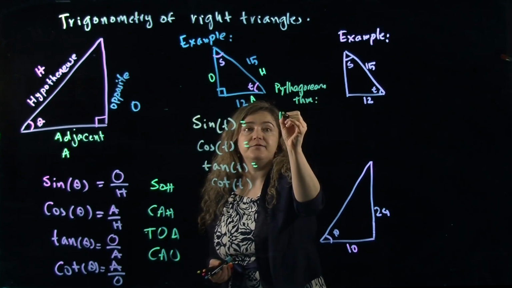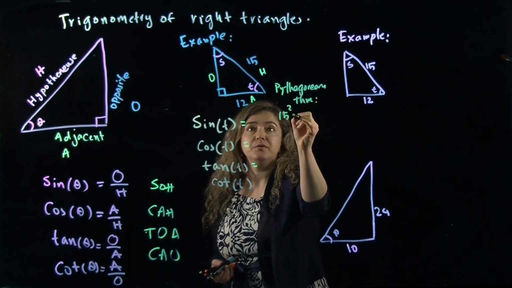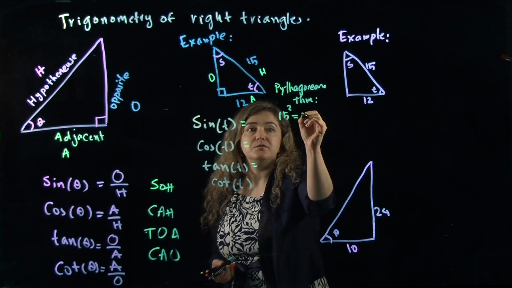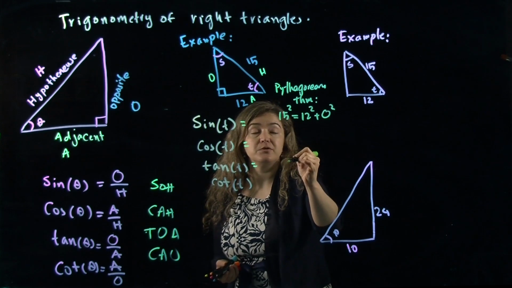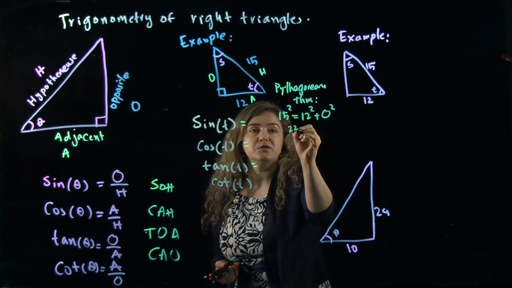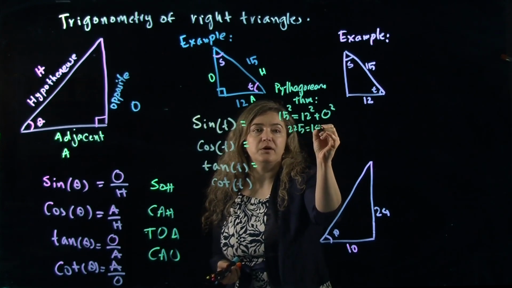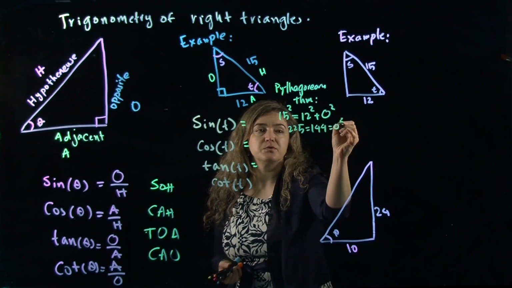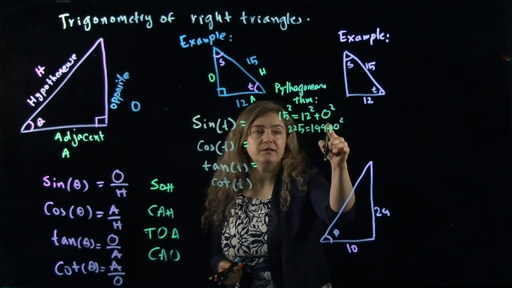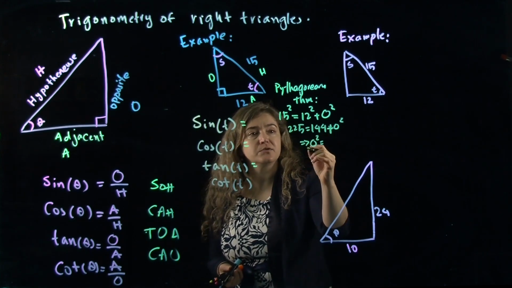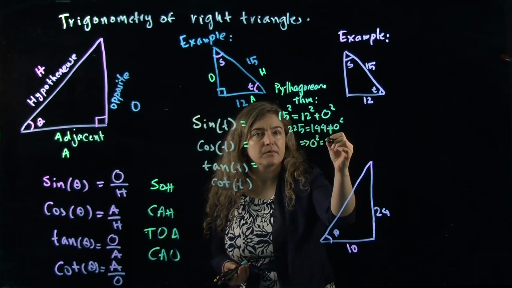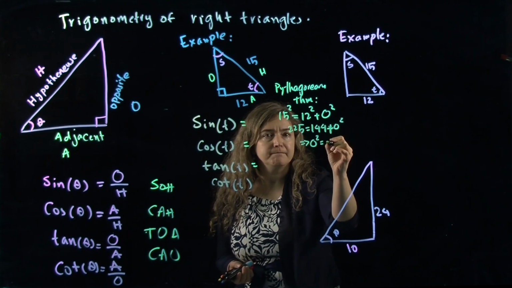And that is 15 to power 2 is equal to 12 to power 2 plus opposite to power 2. And when you solve, it's 225 equal to 144 plus o squared. And then that gives you o squared is equal to 81.